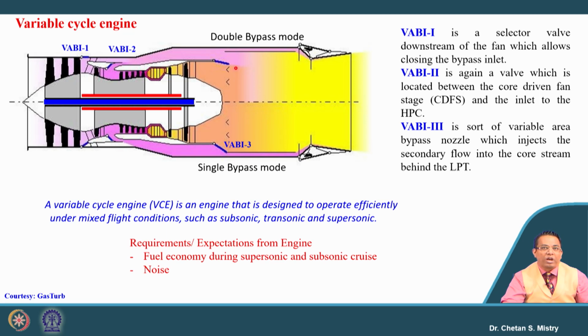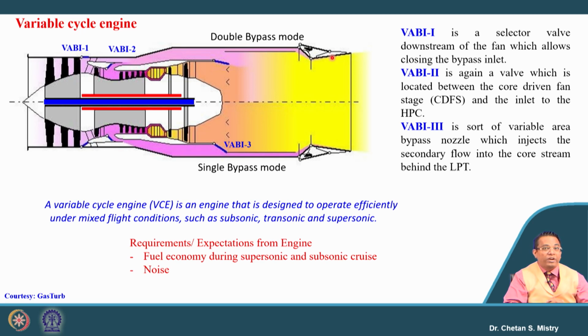We also have an afterburner, and at the exit a variable area nozzle. So it is a different kind of configuration, a mixed configuration which can be used for all flight conditions: subsonic, transonic or supersonic.